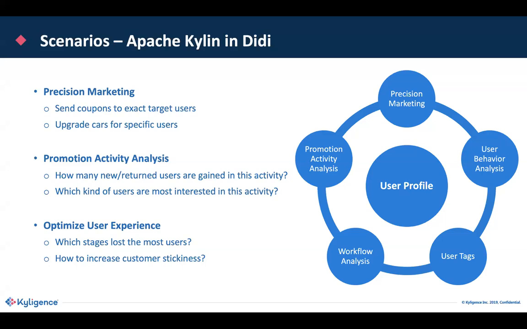In addition, for some promotional activities, the results need to be analyzed to evaluate the effectiveness of the activities. Through the statistics of new customers or returned customers, we can determine whether the activities have achieved the expected result, and thus decide whether to continue to organize similar activities or improve the activities.